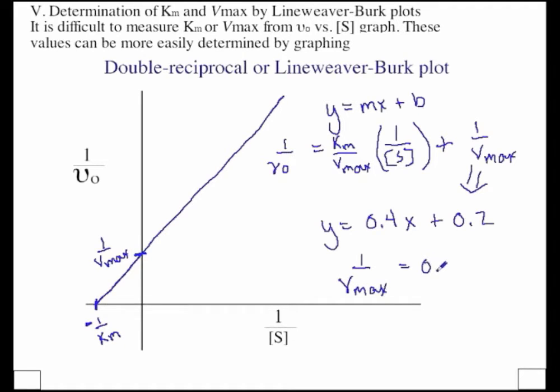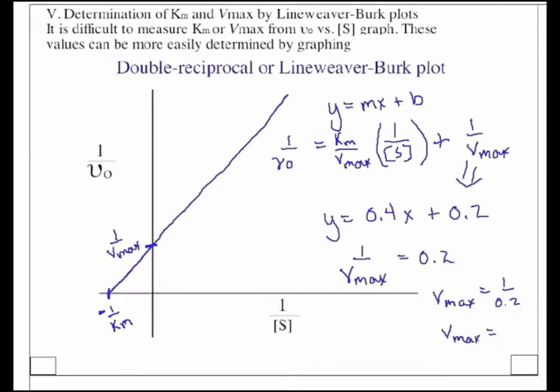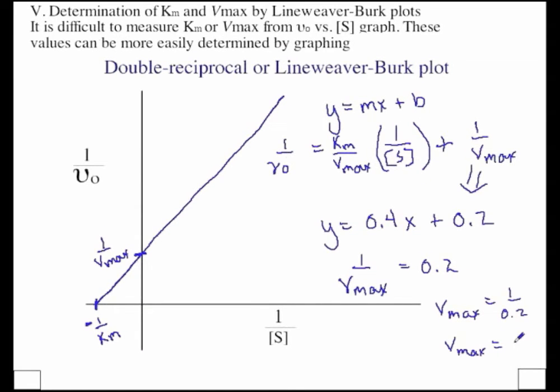And then basically just taking the reciprocal of that, Vmax is going to be equal to 1 over 0.2, which is then, of course, a value of 5.